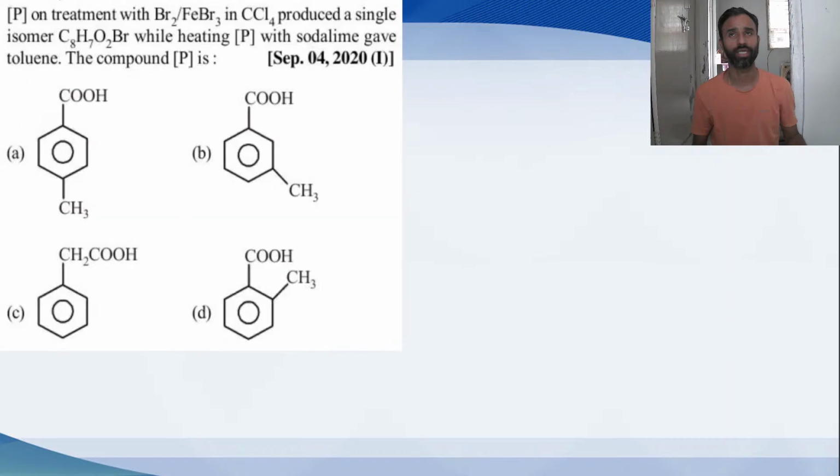Next, P on treatment with bromine and FeBr3 in CCl4 produces a single isomer, that is C8H7O2Br. While heating P with soda lime, you know what is soda lime? NaOH and calcium oxide.